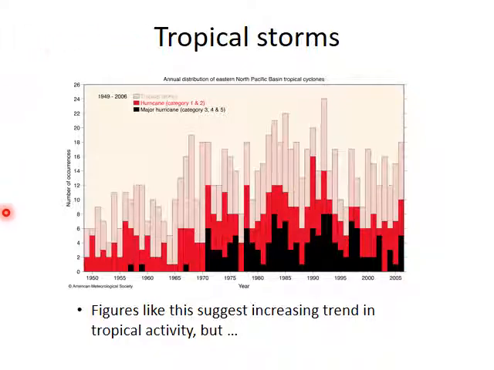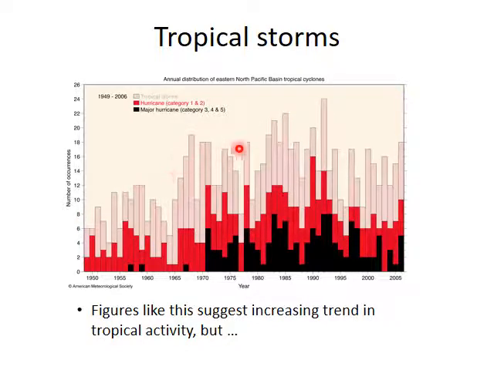So here I show you, over the past 55 years, the number in each year of the particular types of hurricanes occurring worldwide. If you look at those pinkish columns on the top, you see maybe a little bit of an upward trend.